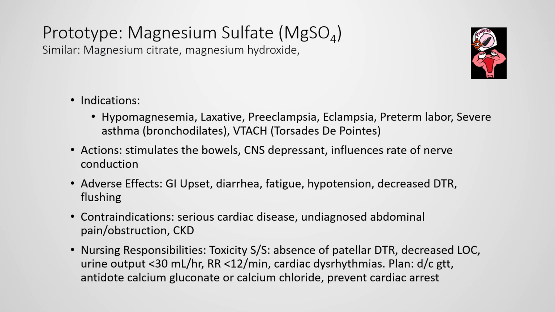Okay, so the next this is an electrolyte, so magnesium sulfate. So let's go over this one a bit. So indications. So hypomagnesemia. So low magnesium can happen, and if there's one thing you might want to remember for this electrolyte, its best friend is potassium.